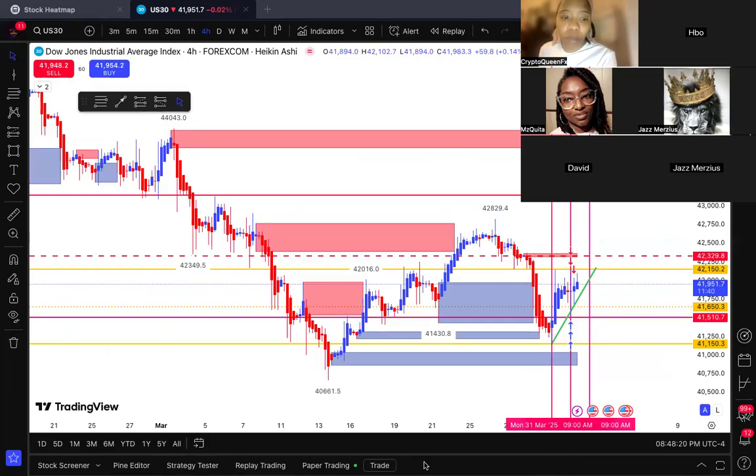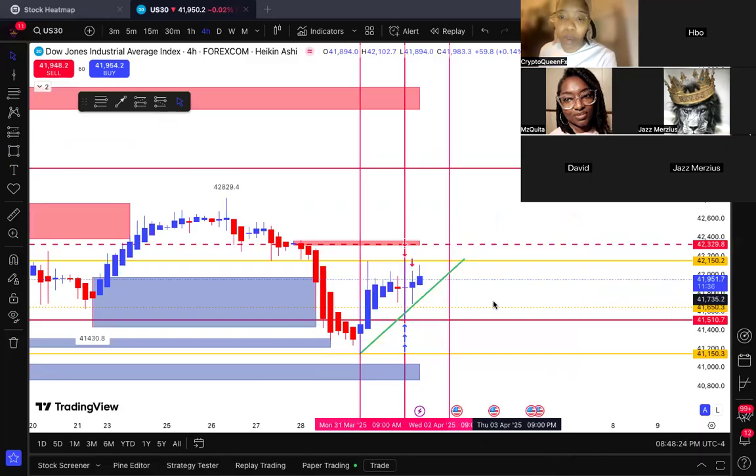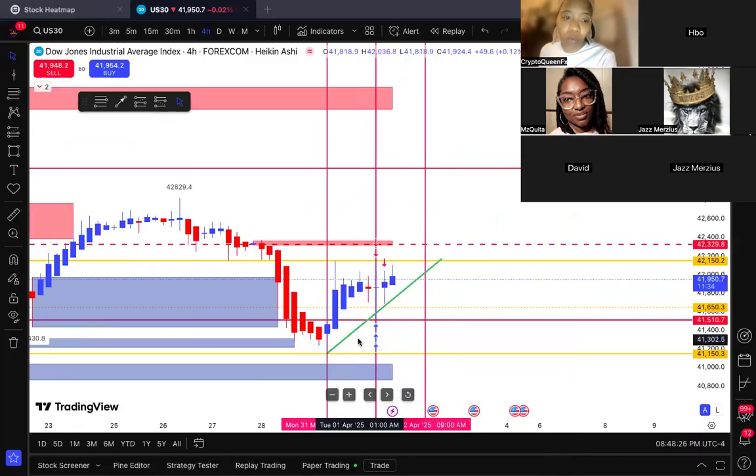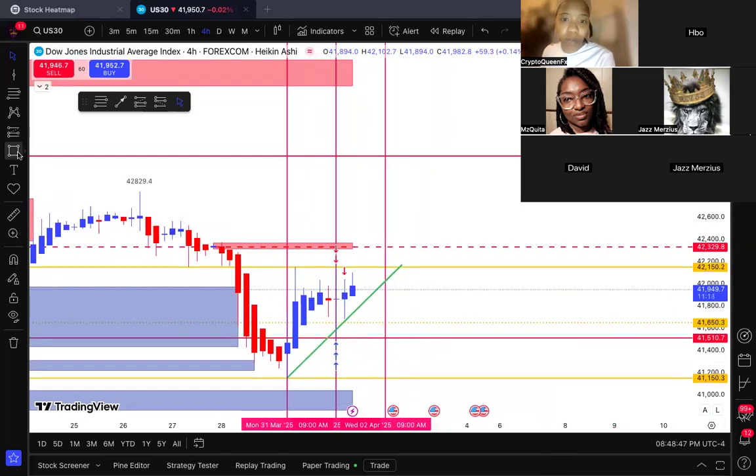So for US 30, I'm moving in accordance with the trend, so I will be looking for a buy. I will wait for it to wick below, but it looks like the wick is right around 41,850 area or below for a buy.